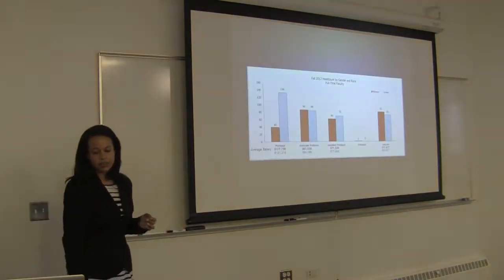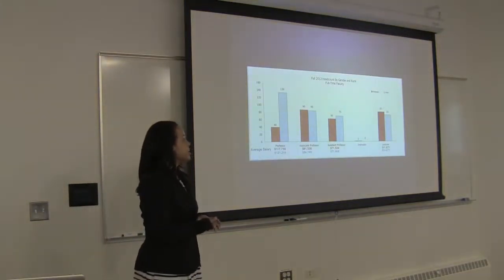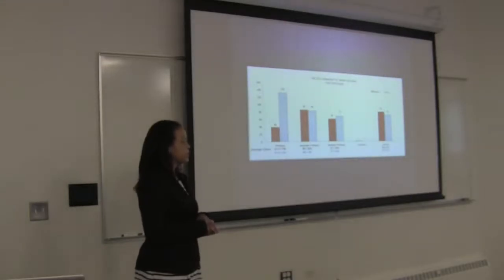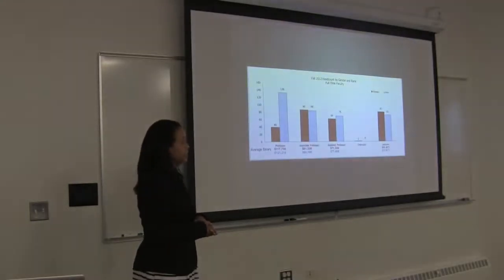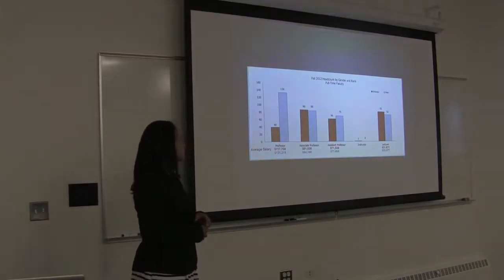Another example of the complexities that I found is with male privilege in the faculty. In my research, I discovered that men made more on average in every single category: professor, associate professor, assistant professor, and lecturer. In addition to that, only 13.8% of the female faculty had reached the top position of professor versus 35.6% of their male colleagues.